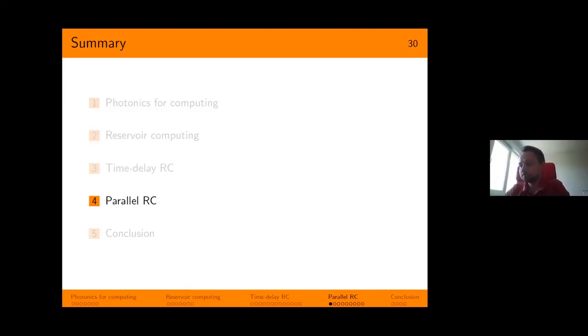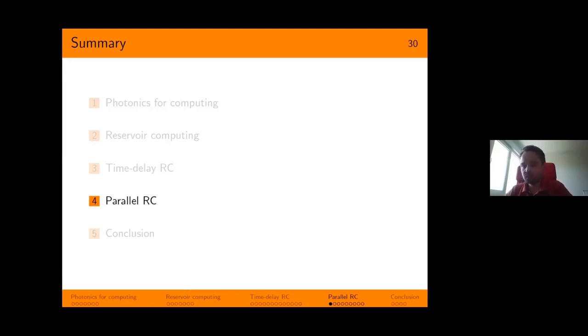So in this section, we will discuss systems where all the neurons function in parallel, and each one of them will have its own nonlinear activation function. We will also use a modulation device because we will encode the information in the amplitude.